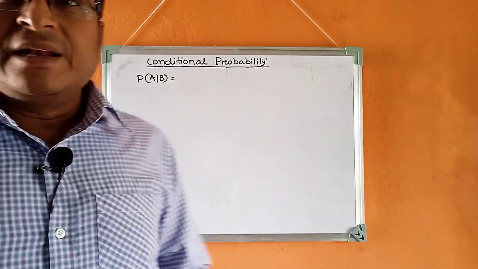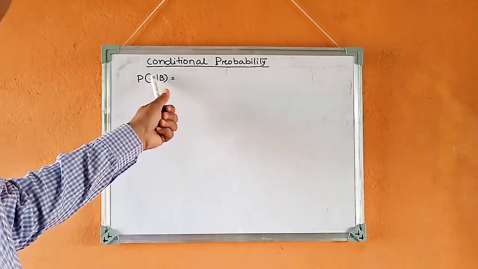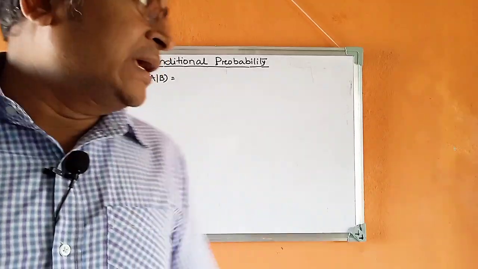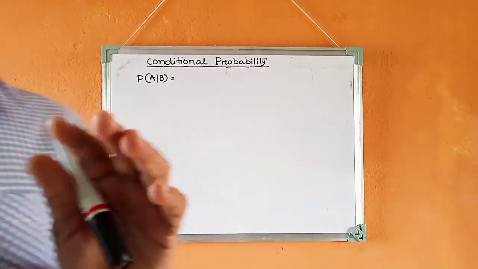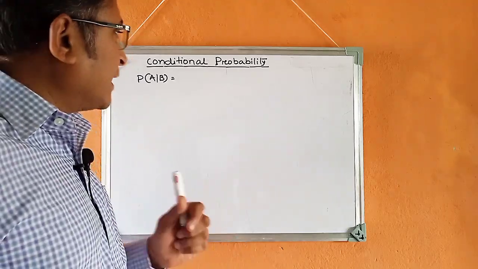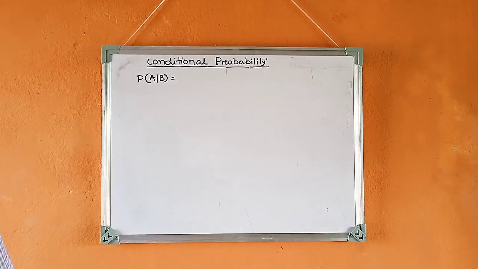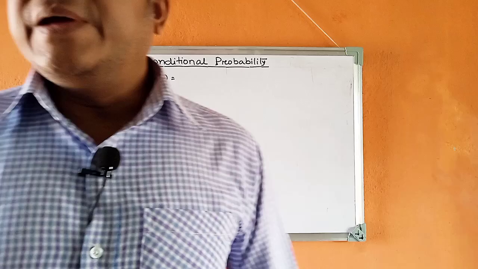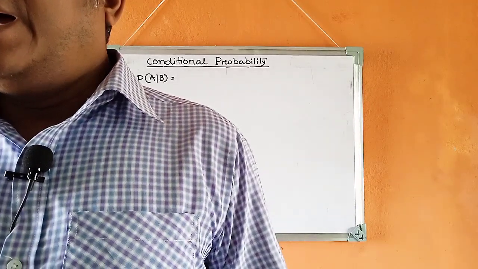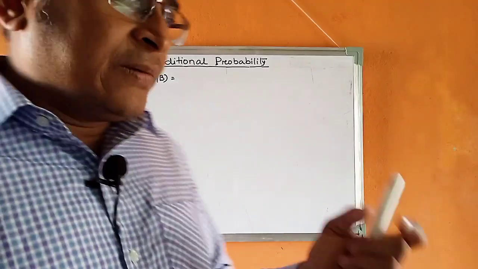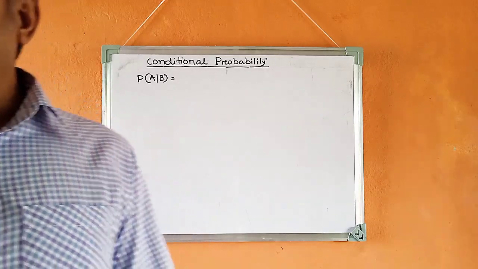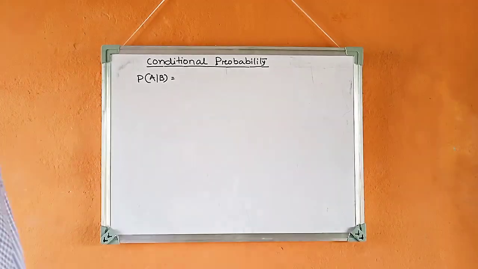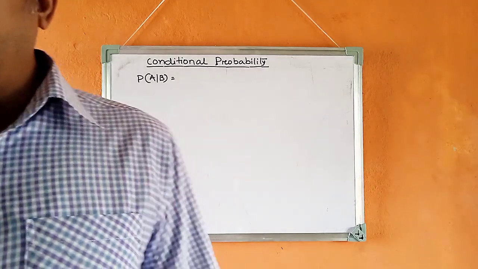I repeat again, what is conditional probability? Let A and B be two events associated with a random experiment. Then the probability of occurrence of the event A under the condition that event B has already occurred, and P(B) not equal to 0, is called the conditional probability and denoted by P(A|B).